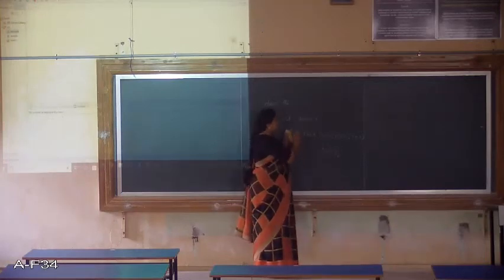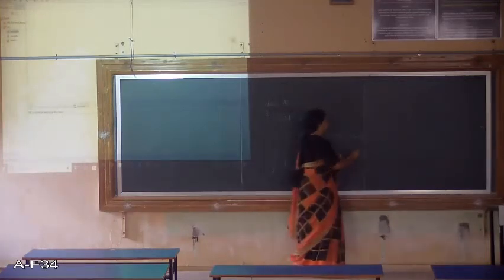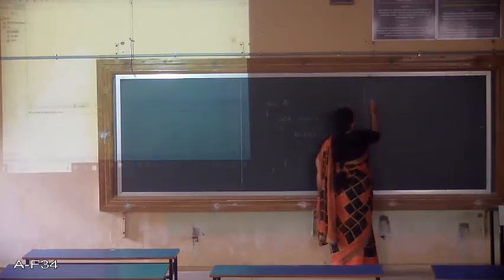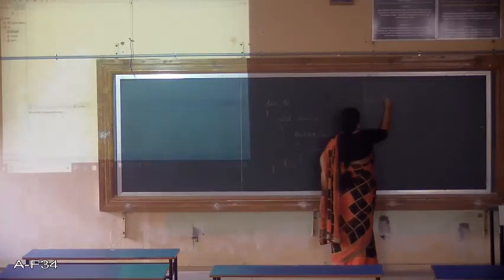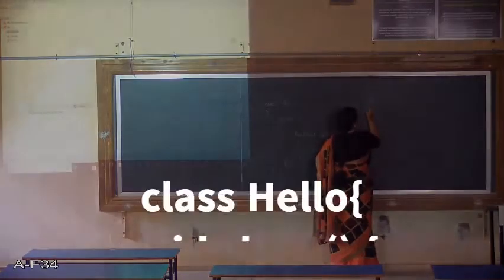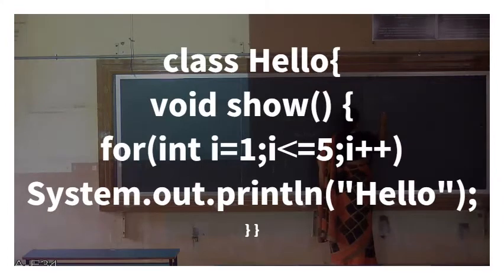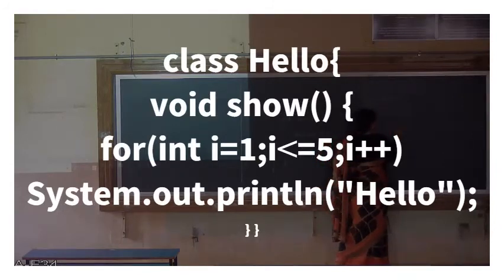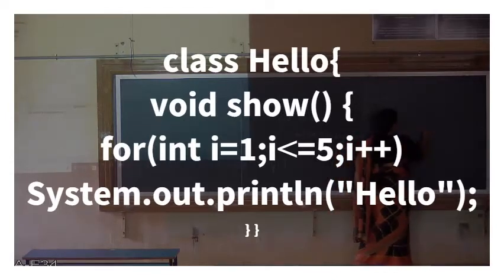So same way, I need one more class. Let me take the same show over here, and here again we need a loop. Let's say for int I equals to 1, and it has to execute this for 5 times.